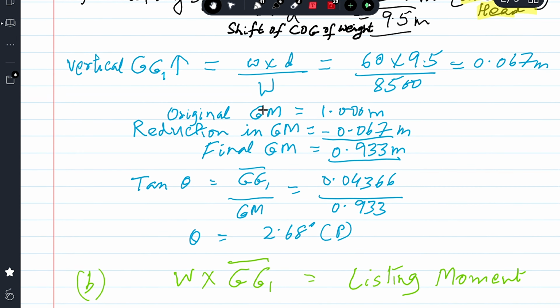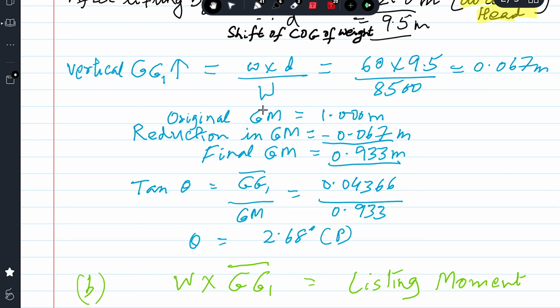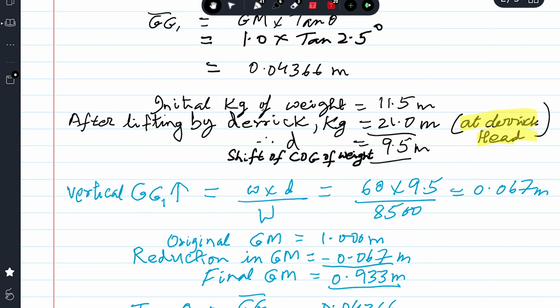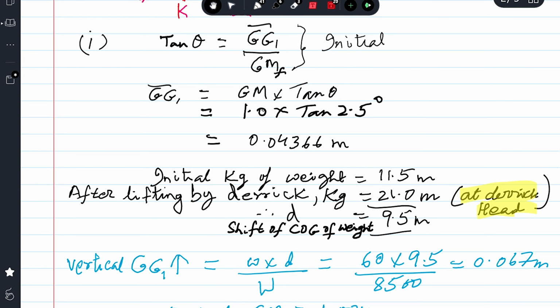So now I can apply the formula tan theta is GG1 upon GM. This GG1 has got a bar on top. This is a transverse GG1. So it's not the vertical GG1, it is the transverse GG1, which we have found here.